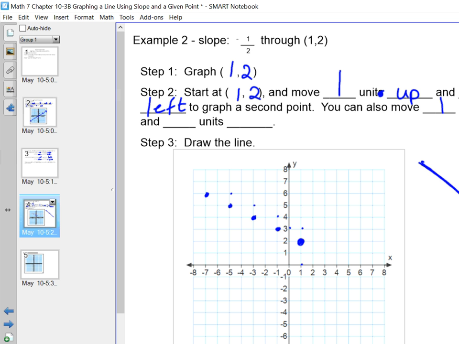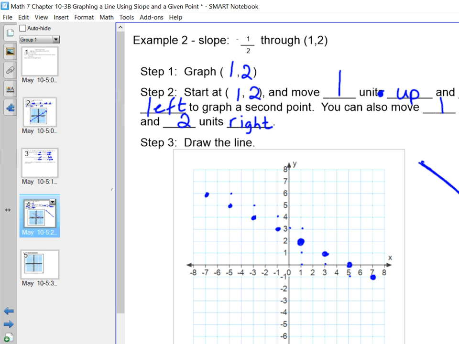So I'm not going to move left, I'm going to move to my right. So this time I'm going to move 2 units to the right. The down is the negative move, the right is the positive, and a negative divided by a positive is a negative. Remember, my slope is negative. So I'm going to go 1 down, 2 right, 1 down, 2 right, 1 down, 2 right.